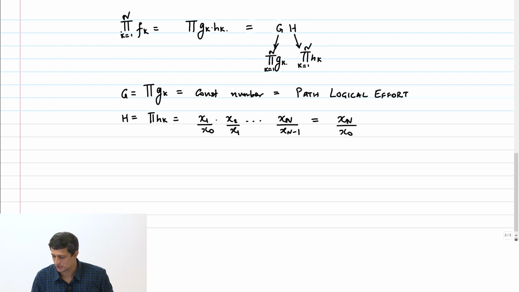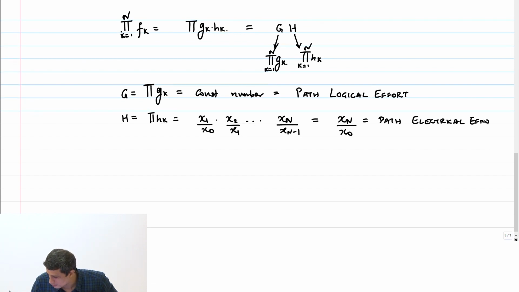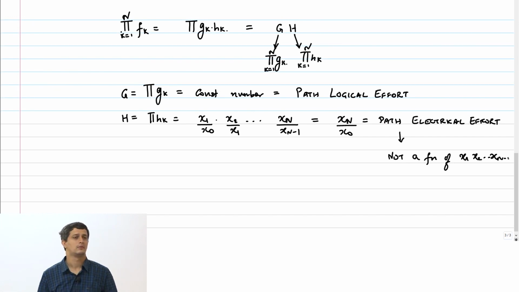Therefore this capital H, which is the path electrical effort, is also a constant which is independent of all the other variables, not a function of x1, x2, xn minus 1, which are the variables of the optimization problem that I am trying to solve here.